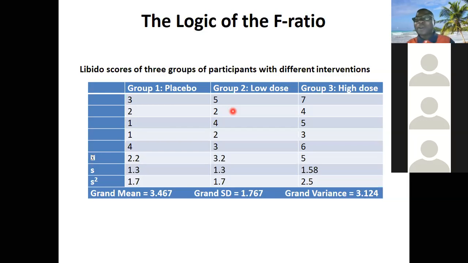There's an example here, because I like working with examples, a simple example. We have 3 groups of people, and we try to measure their libido. There are 5 in each group, so 15 people: 5, 5, 5. Mind you, in demonstration, it is easier to use a smaller sample size so you can calculate and understand the logic.